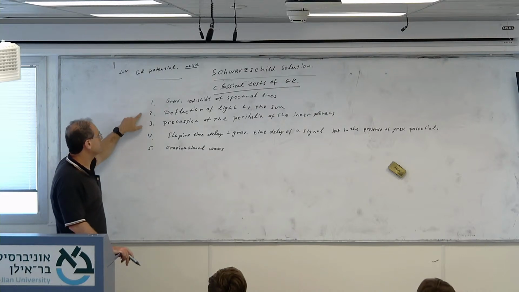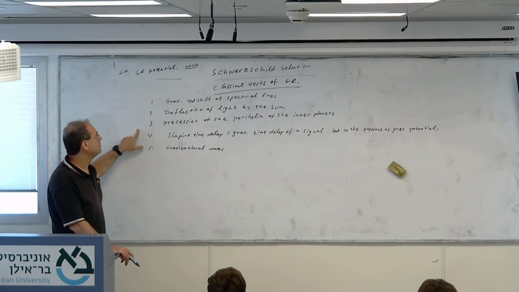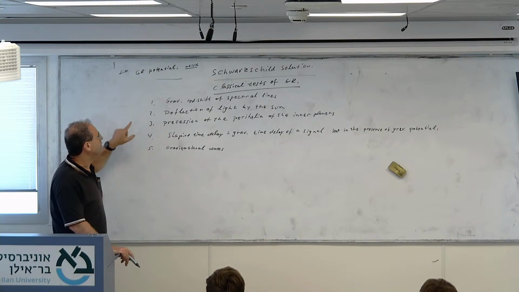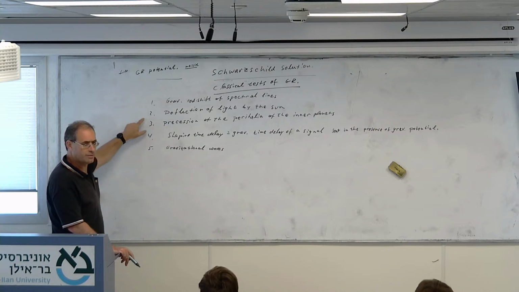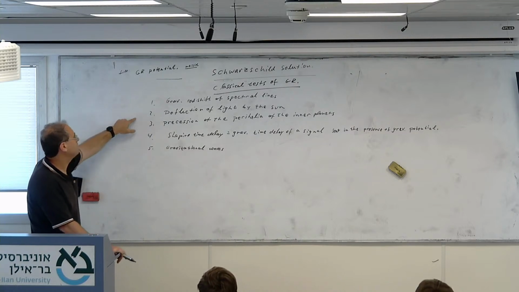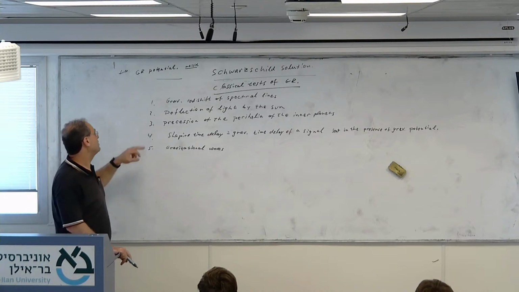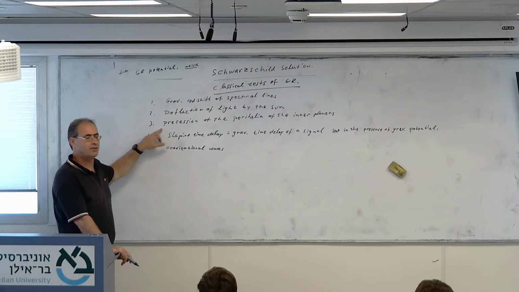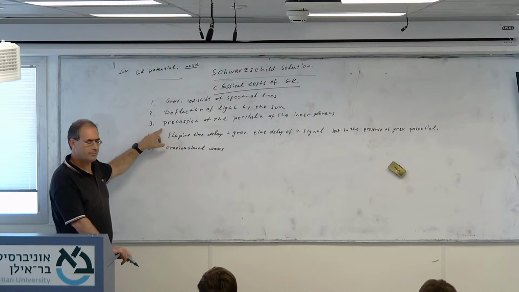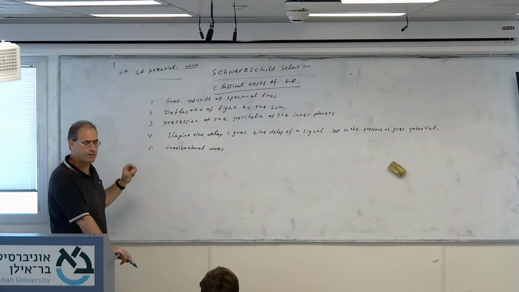So these three were suggested by Einstein himself. The first experiment that was actually done, do you know which was? Eddington. This was the Eddington, 1919. Well, this one can be considered as a prediction, post-diction, in other words, because accurate enough measurements of Mercury's orbit existed already in the 19th century.